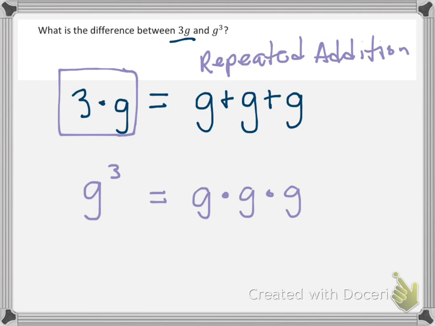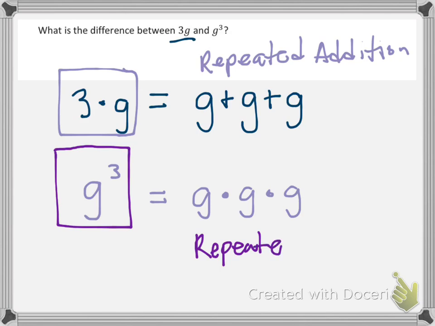Repeated addition is multiplication. And then g to the third power means repeated multiplication. So if you see exponential form, you should think, well, that is repeated multiplication. Okay? Very important that you know the difference between those two, and I'm going to ask you that on the test. All right, let's move on.